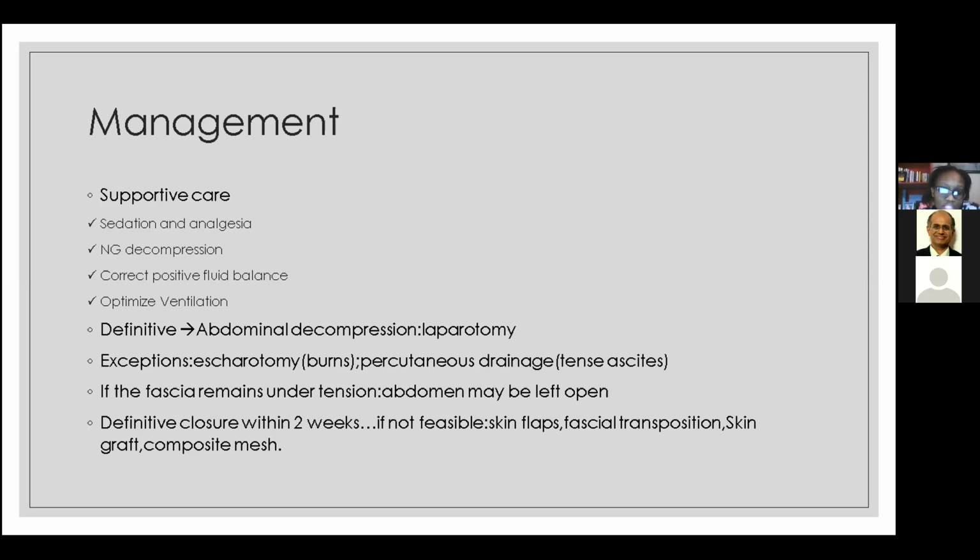In adults, they previously had the Bogota bag that they were using, and also there has been towel clip closure that was previously described, but I don't think it's done anymore. Then you plan for definitive closure within 2 weeks. If not feasible, then there are other options such as skin flaps or a skin graft or a composite mesh.